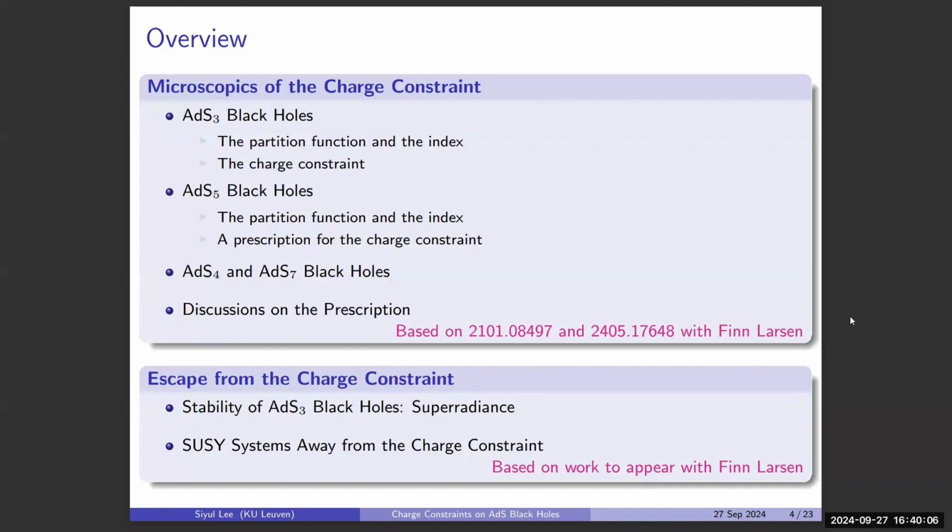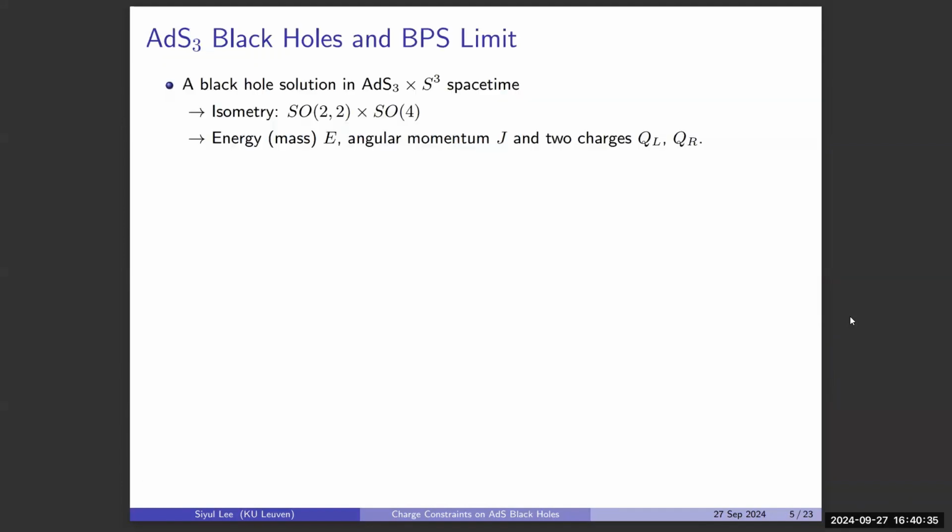And then in the second part, a little bit disjoint from the first and also a little bit shorter, I will revisit some problems in AdS3, namely the stability of AdS3 black holes, often framed in terms of superradiance. This topic will also be intimately related to supersymmetric systems that are away from the charge constraint. So this is the outline of my talk, and I will now start with the first part.